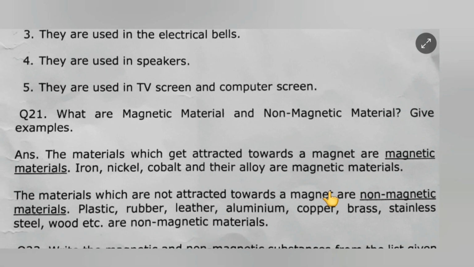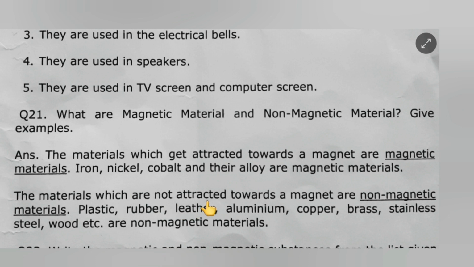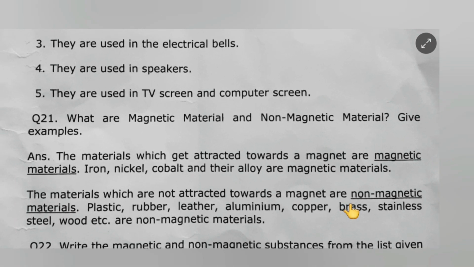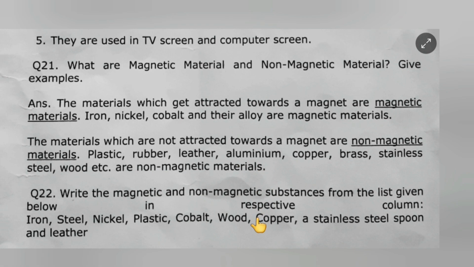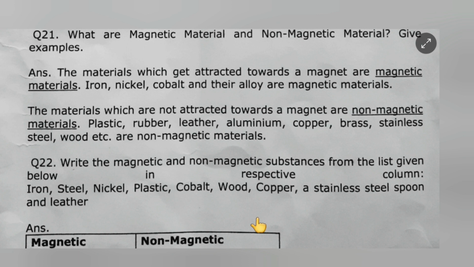Next is what? The materials which are not attracted towards a magnet are non-magnetic materials. Okay, so plastic, rubber, leather, aluminum, copper, brass, stainless steel, wood, etc. are non-magnetic materials.